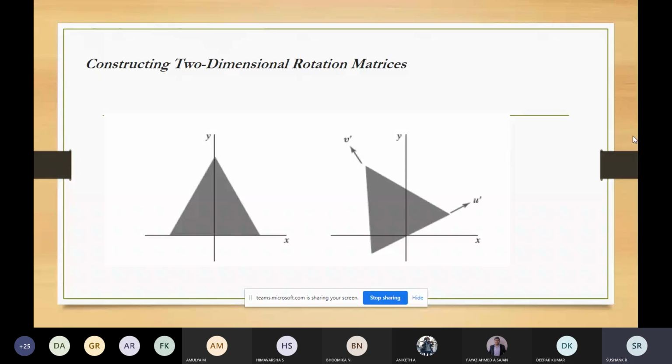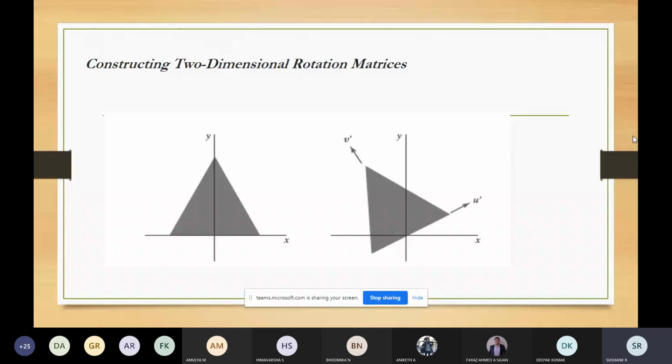So you can check here. This figure is an example where you are using the vectors u and v, which are supplied with values like cos theta, sin theta for the transformation.